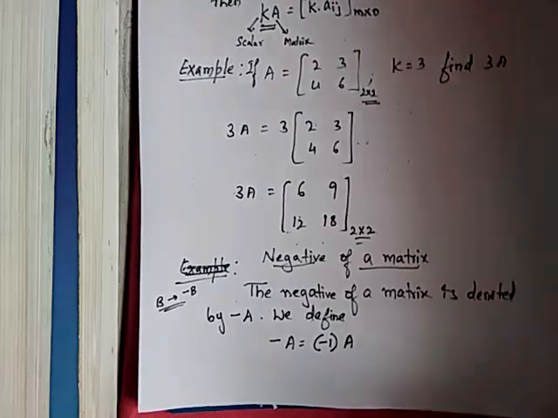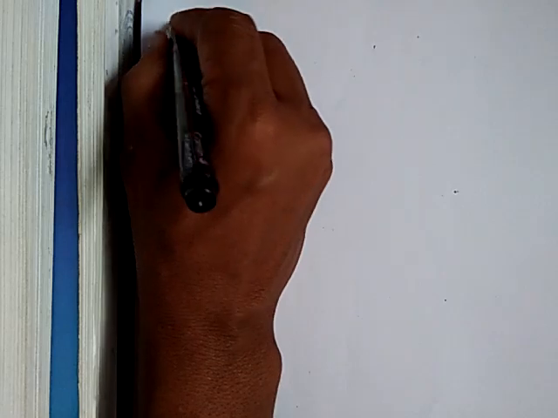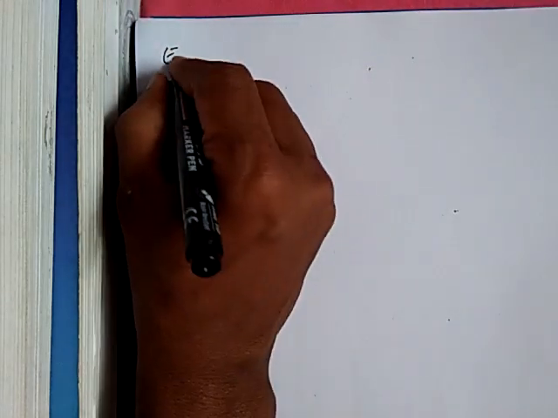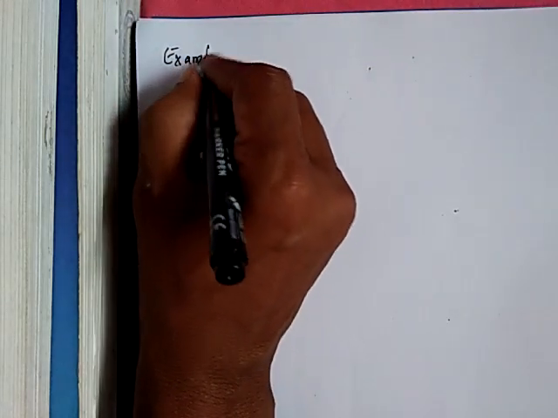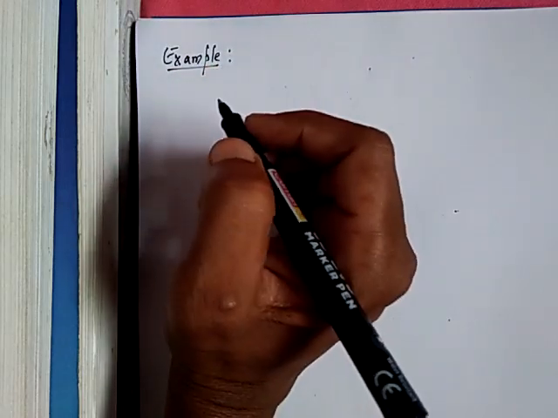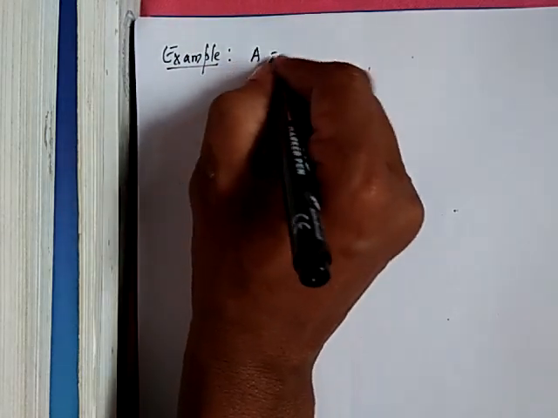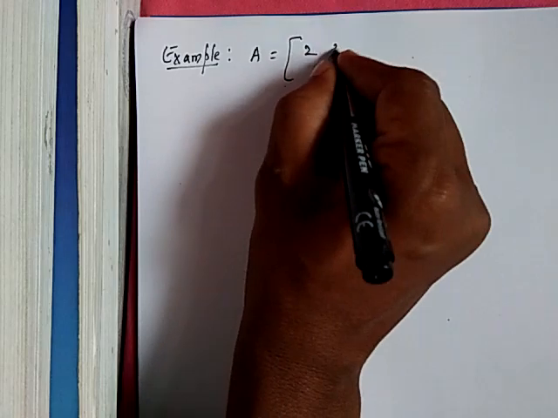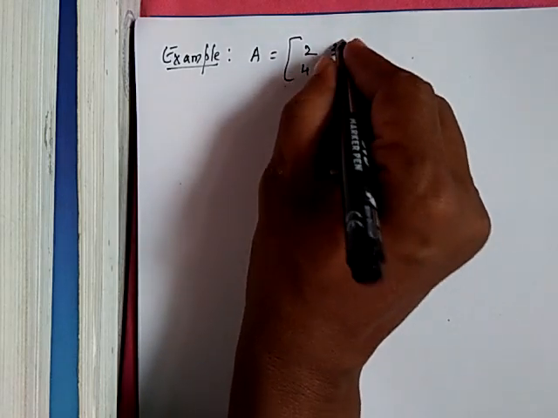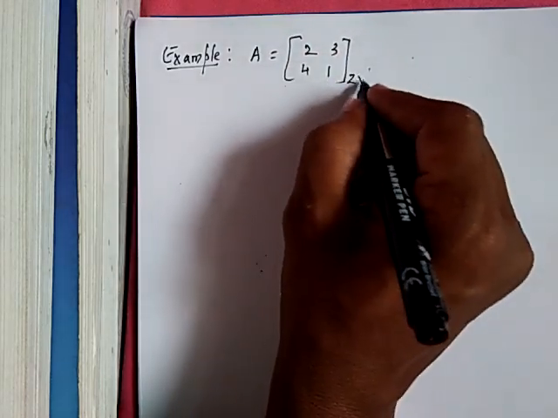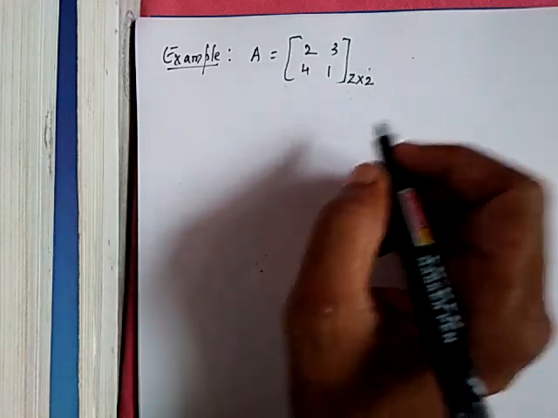We will have one example so that you will get the idea here. Listen carefully. Suppose A is equal to 2 3 4 1, a matrix of order 2 by 2.